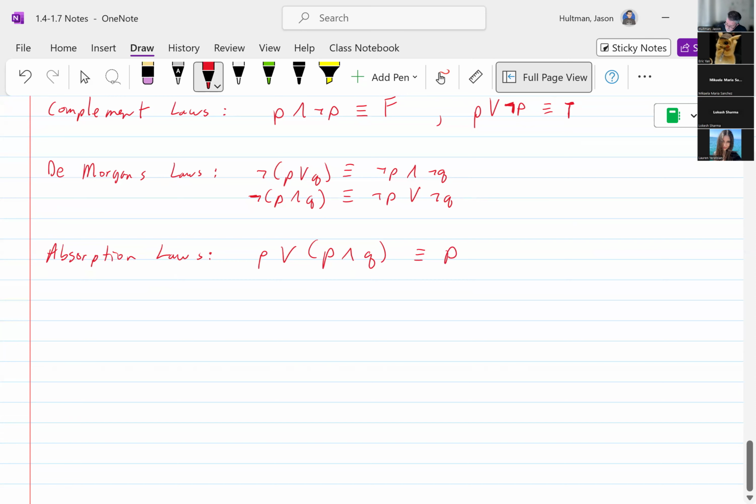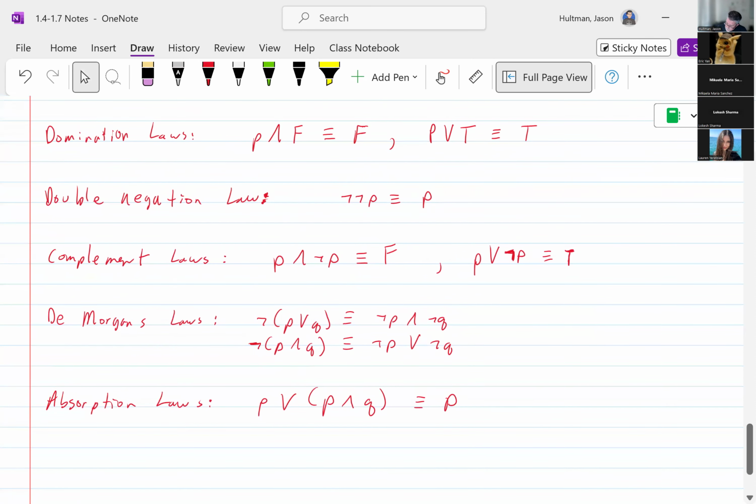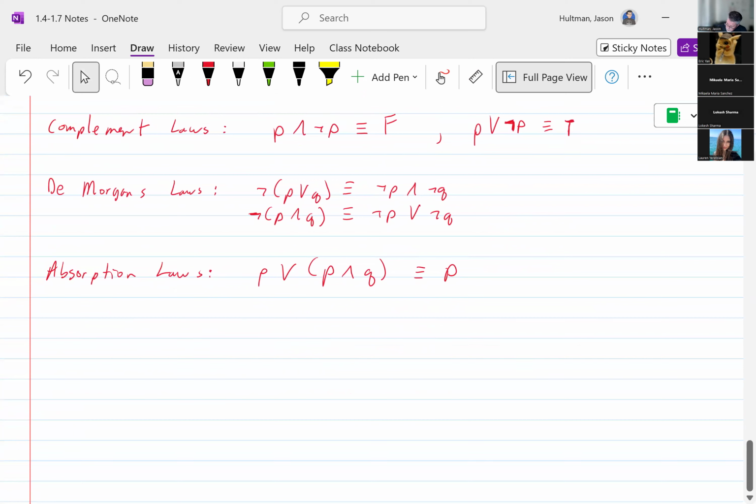Likewise, P and (P or Q) is also equal to P, logically equivalent to P.